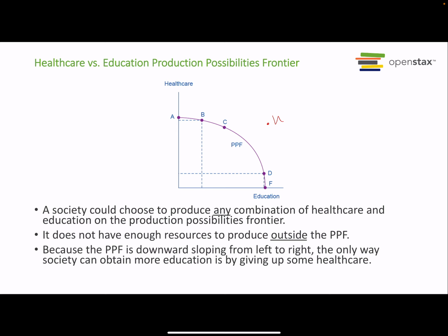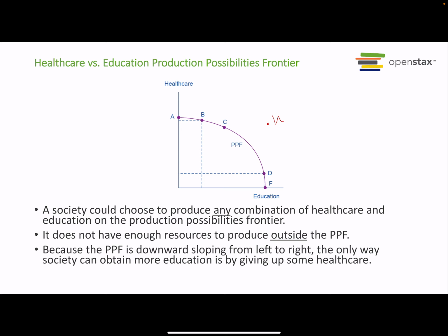Everything on the frontier, so combinations A, B, C, D, F, and 100 others that are all in between A and F, those points, we describe in two ways. One, they are attainable, okay? They are possible to produce. Two, they are efficient because we're using all of the resources that we have available.